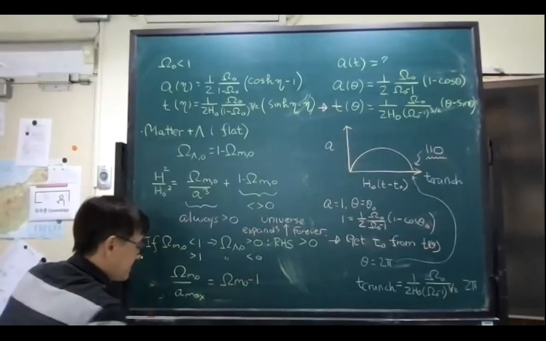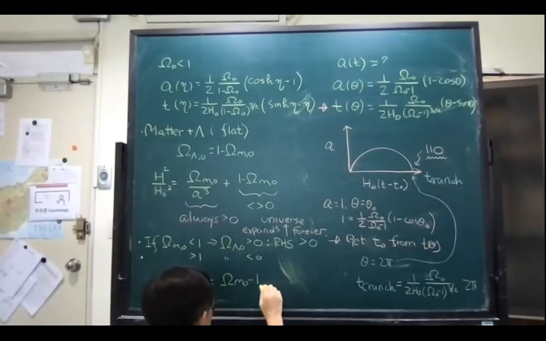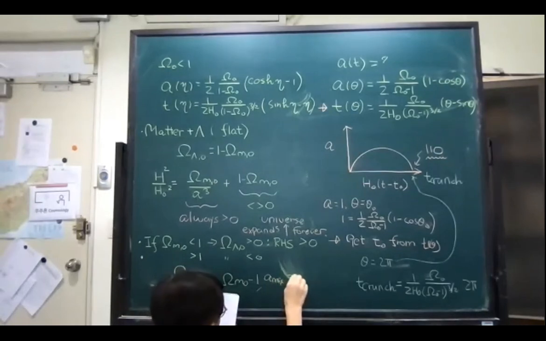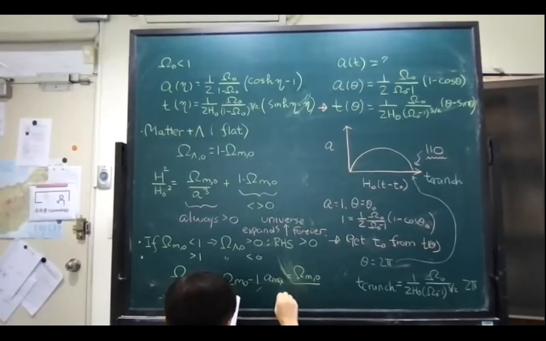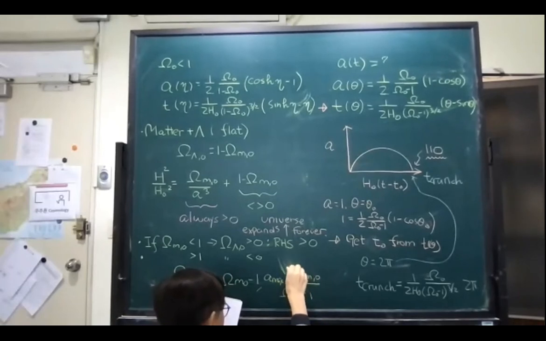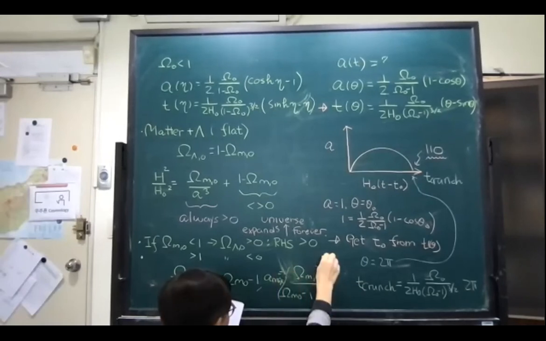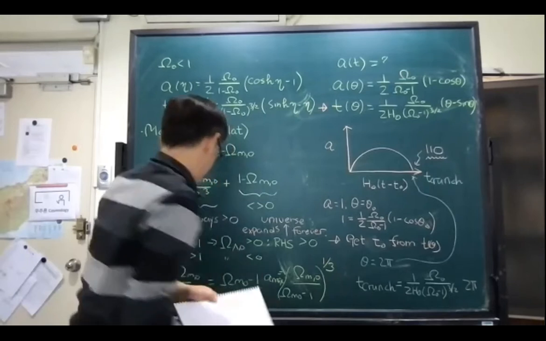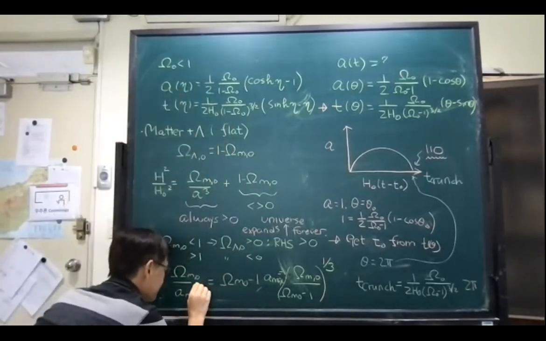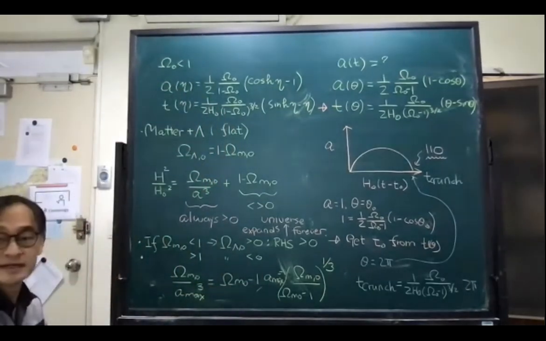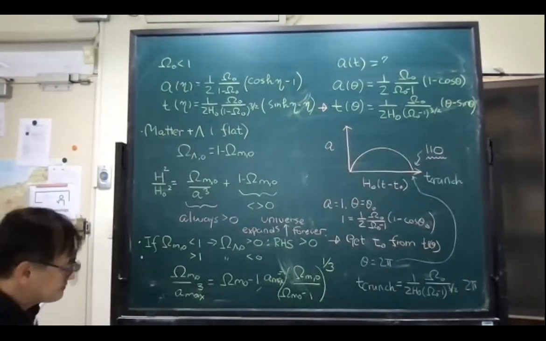So if you solve it, a max should be omega m0 over omega m0 minus 1, to the power of 1/3, because of the cubic factor 3 over here.